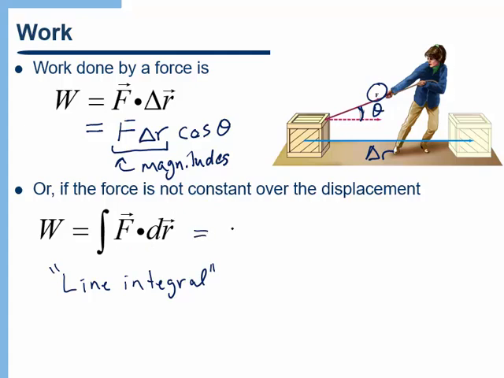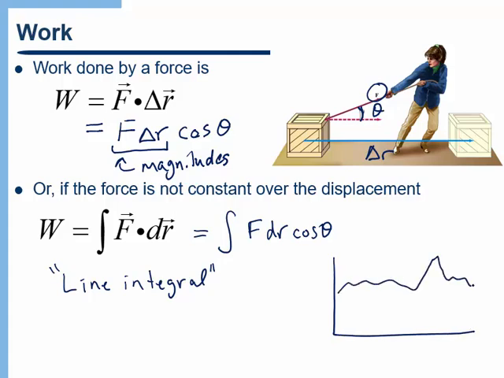But basically, it's no different than an integral you would do in Calc 2. You just first rewrite it as F dr cosine theta, and then solve it just like an integral you would do in Calc 2. Fundamentally, all we're talking about here is that if I plotted the force versus the displacement, the work would simply be equal to the area under that graph.